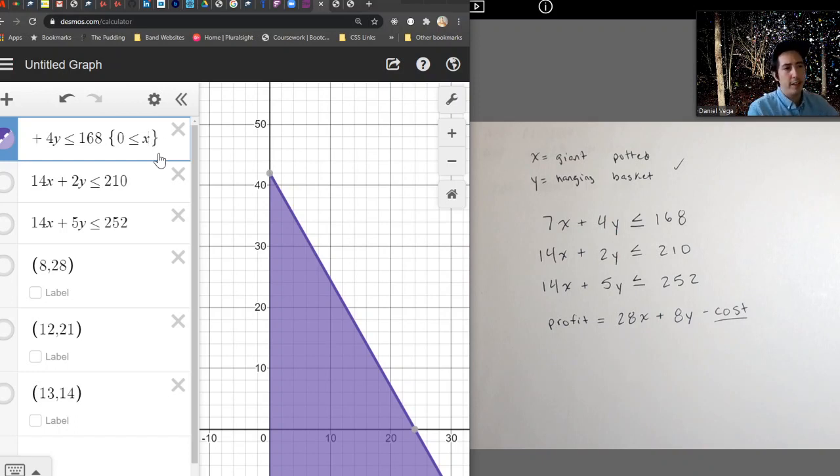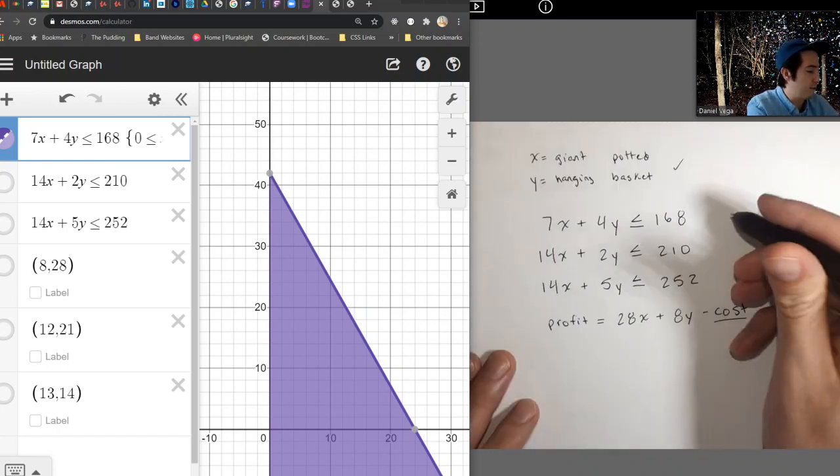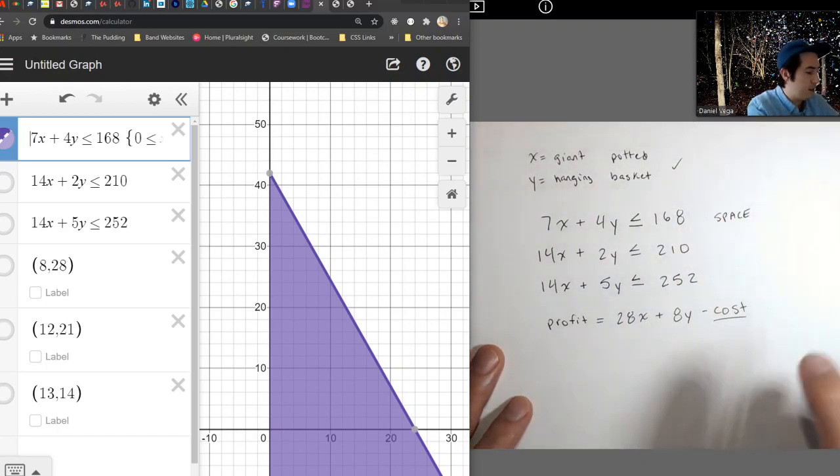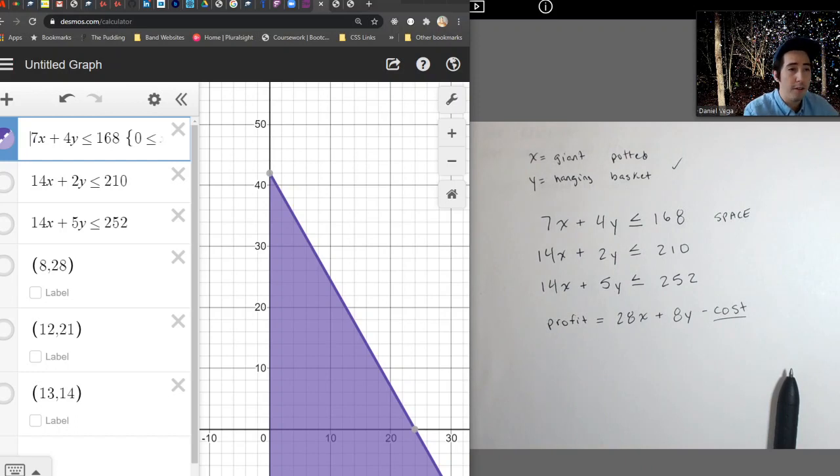Right. So for this equation here, x or y represents the amount of plants. This is for space. If x was 0, if you bought 0 giant potted plants, you could have 42 hanging baskets because of the amount of space they take up.